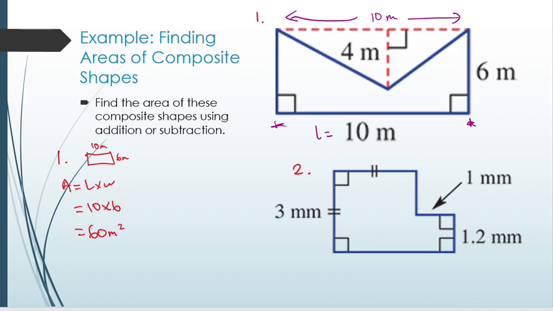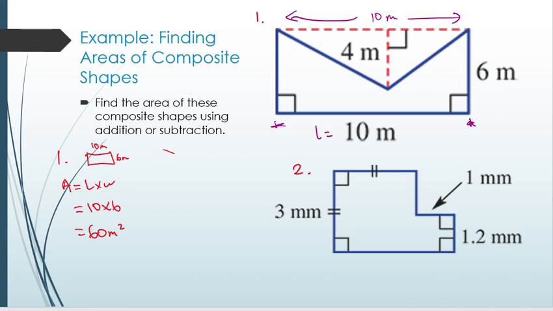Okay. The next thing I can do is, if you look at that dotted red diagram, if I were to shade this in purple right here, that purple shaded area looks like an upside down triangle. Now, thankfully, we've been given the base, which is 10 meters. So I can draw another diagram.